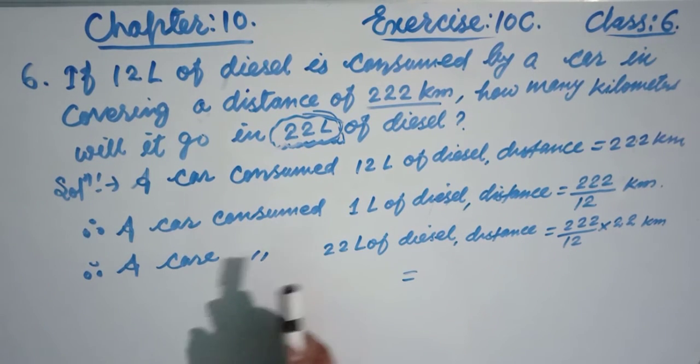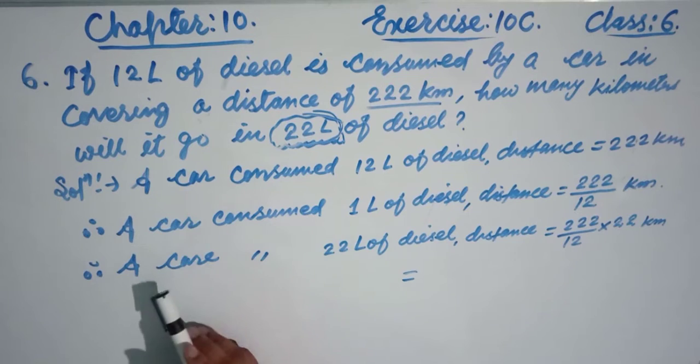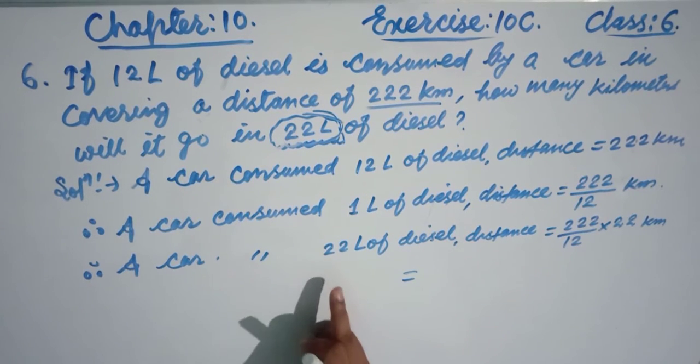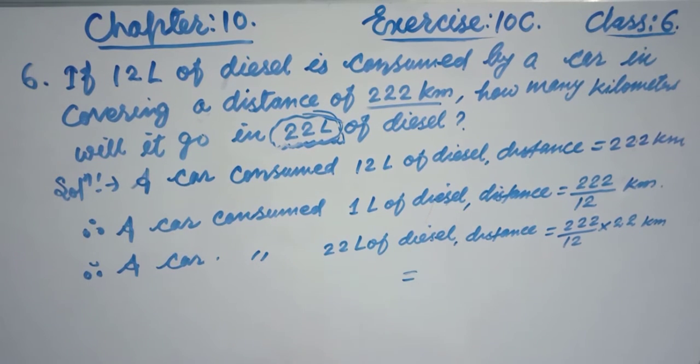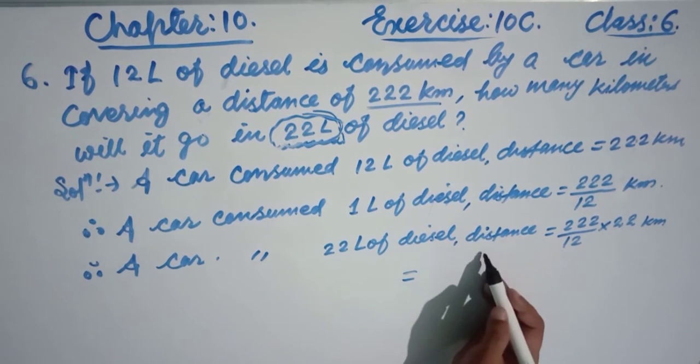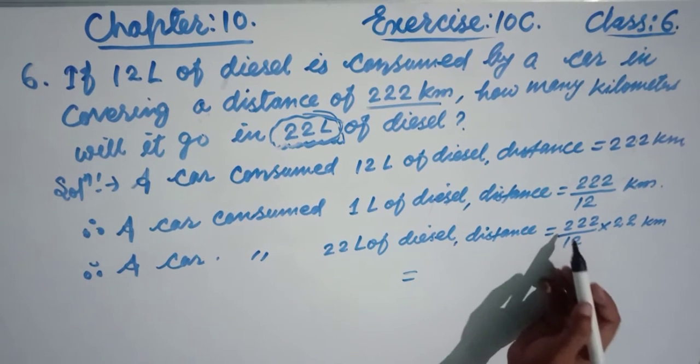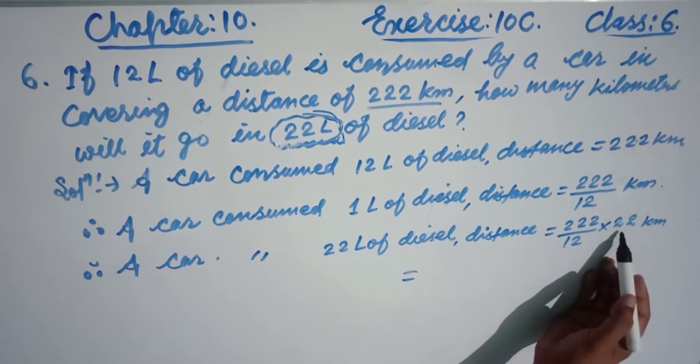So here, friends, we have to find the required number of units, 22, hence 1 liter gives this much. Then when a car consumes 22 liters of diesel, what will the distance be? The distance covered by this car is this multiplied by 22.